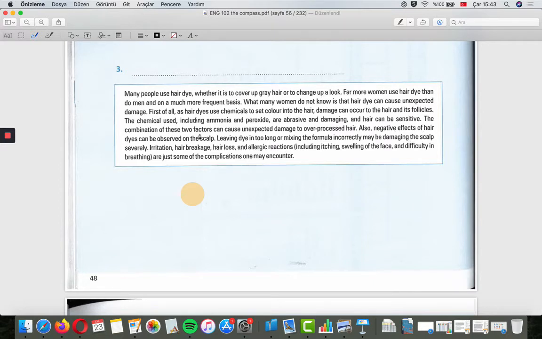Okay, negative effects can be observed on the scalp, which means skin on your head. If it's left too long there, it may damage your scalp, irritation, hair breakage. Okay, so the cause is hair dye, and the effect is all these damages. Now, this is a very good example of cause and effect.